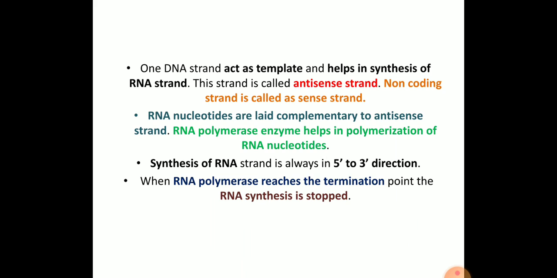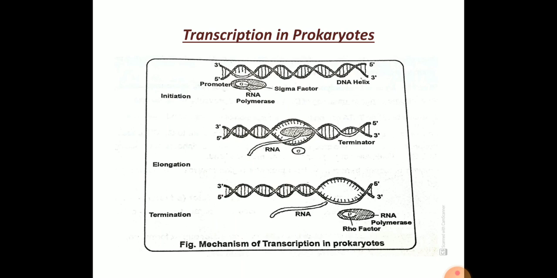When differentiating between eukaryotic and prokaryotic, here you can see initiation, elongation and termination. There are two important factors, the sigma factor and the rho factor. The sigma factor attaches to the promoter and starts the synthesis, and the rho factor stops the synthesis during termination. They are components of the RNA polymerase enzyme.